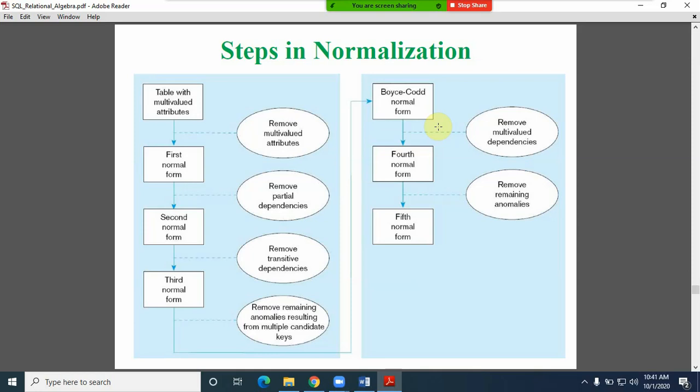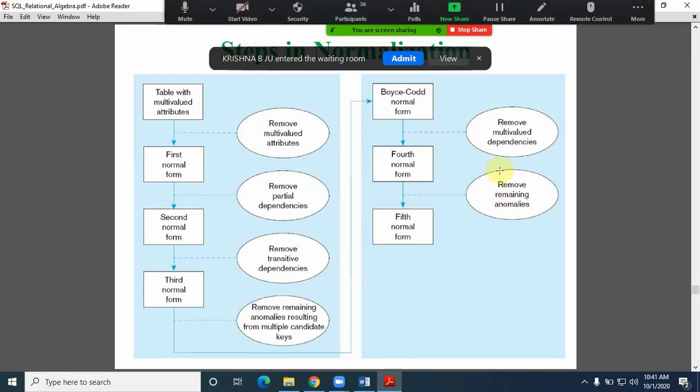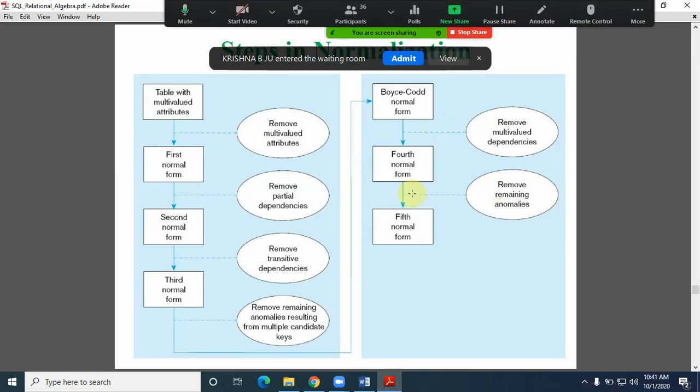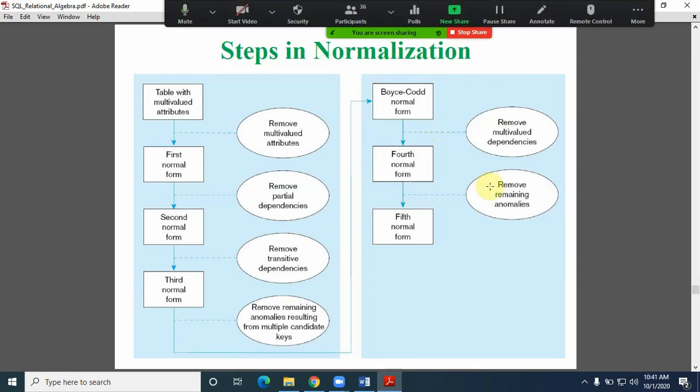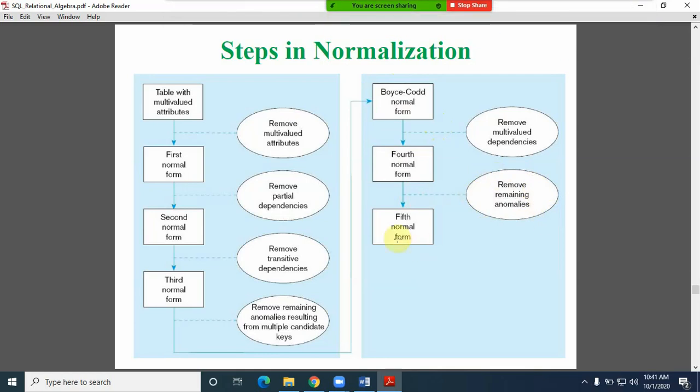And once the table is in the fourth normal form, by removing all the remaining anomalies, one can achieve the fifth normal form. So this is the process where you can identify the various normal forms: first, second, third, fourth, and fifth. In between there is one more, which is not a separate normal form, but the stronger form of the 3NF, the Boyce-Codd normal form.